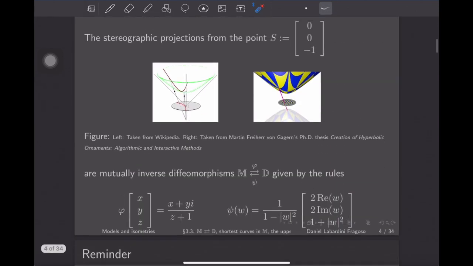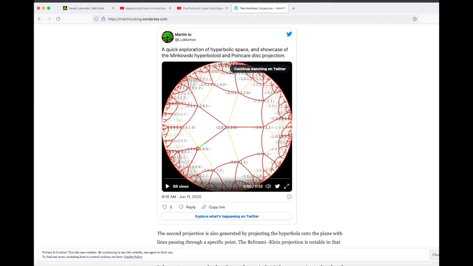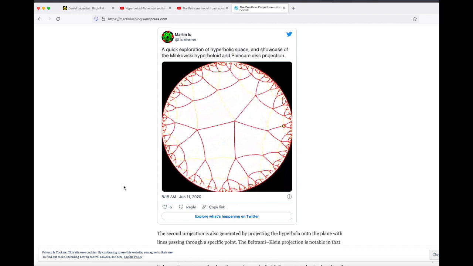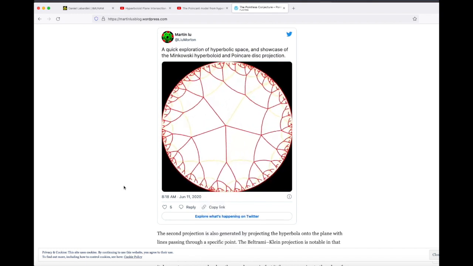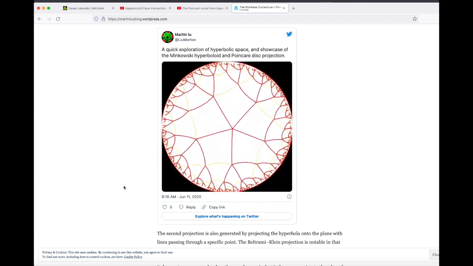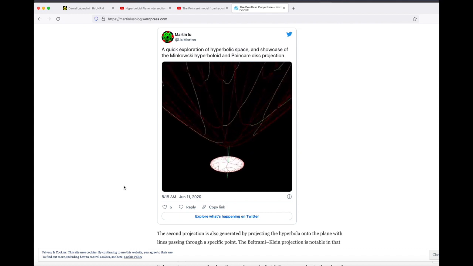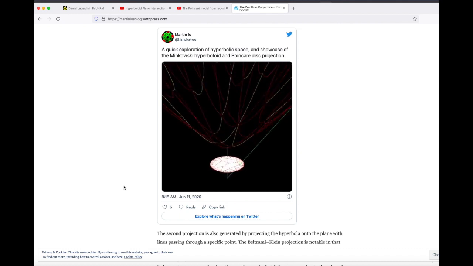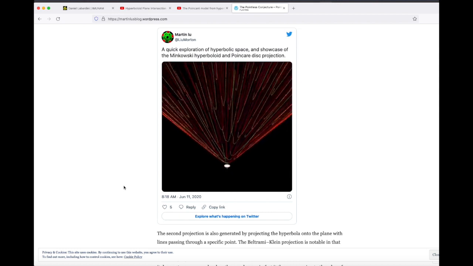I found a very nice video, so let me show it to you. So that's the Poincaré disk, and that's the stereographic projection to the hyperboloid.